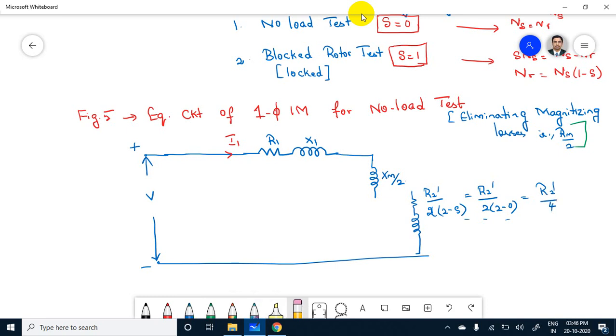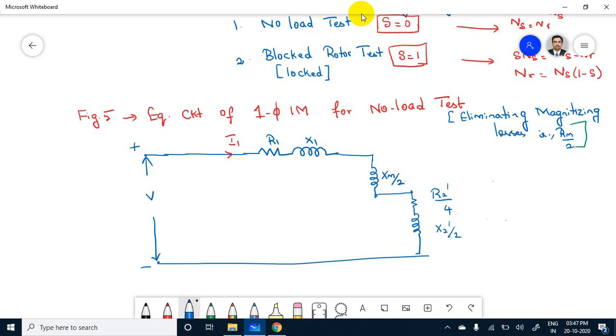Therefore I can eliminate this term, I will erase it, then I can write R2 dash by 4 like that. X2 dash by 2 is already there.